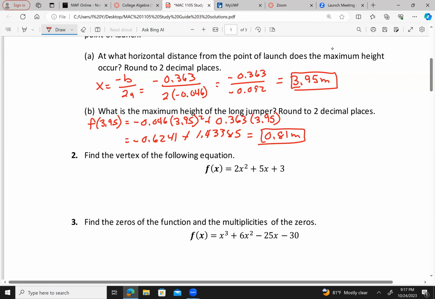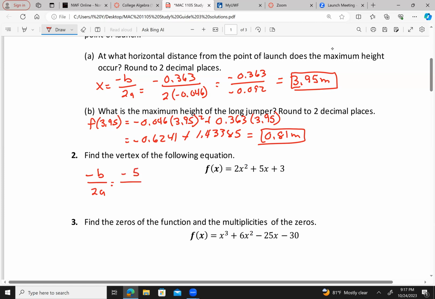Okay, number 2, we simply want to find the vertex of the following equation. We just did that. So we're looking at negative b over 2a.